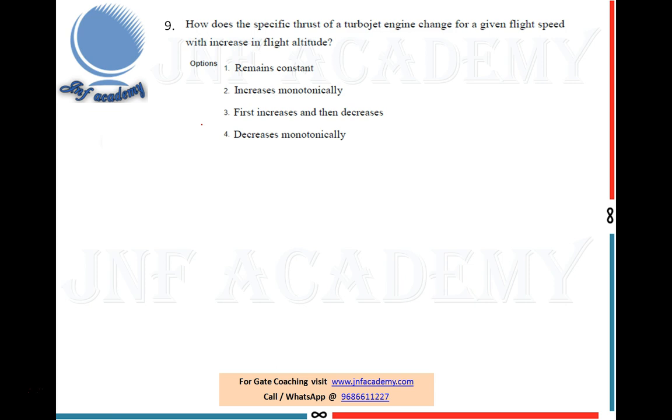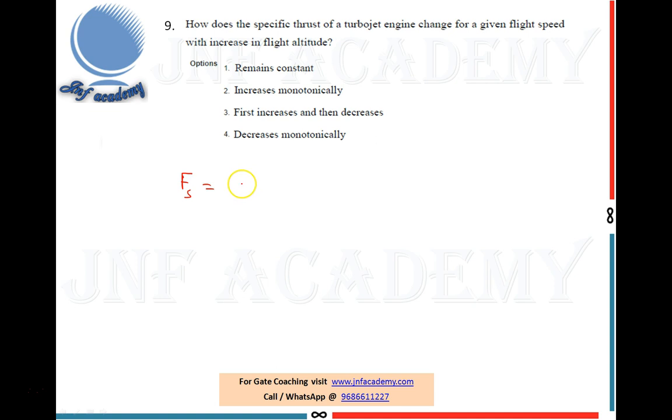Then moving ahead to the next question: how does the specific thrust of a turbojet engine change for a given flight speed with increase in flight altitude? This is a very easy question. What is specific thrust?